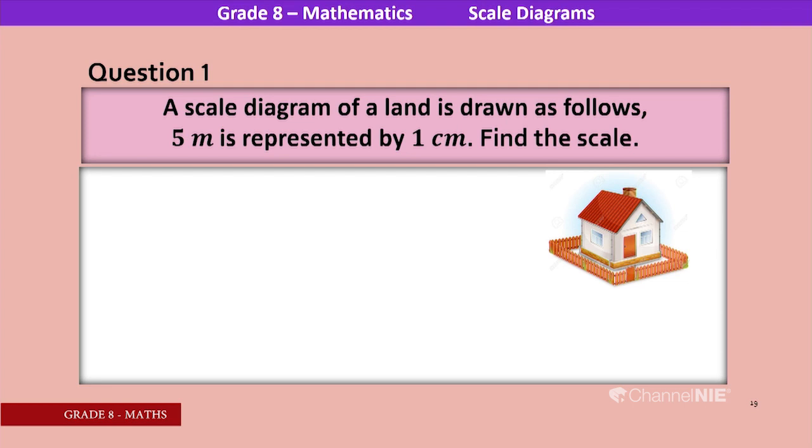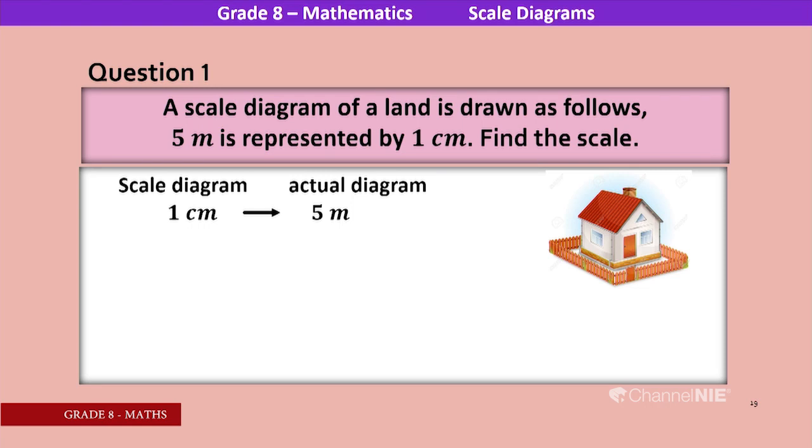Then question number 1, based on scale diagram. A scale diagram of a land is drawn as follows. 5 meters is represented by 1 centimeter. 1 centimeter means 5 meters. Find the scale. Then scale diagram, actual diagram. In scale diagram you have 1 centimeter, actual diagram 5 meters, right?